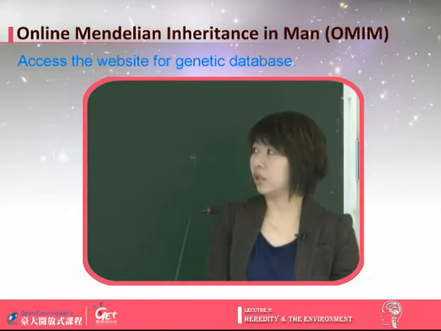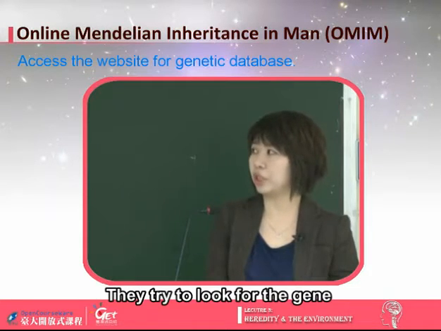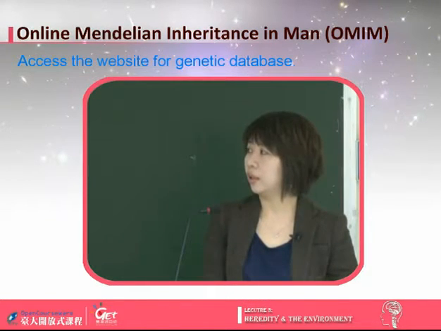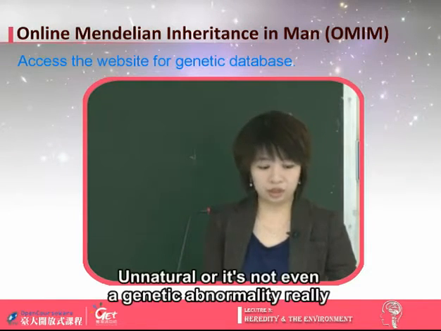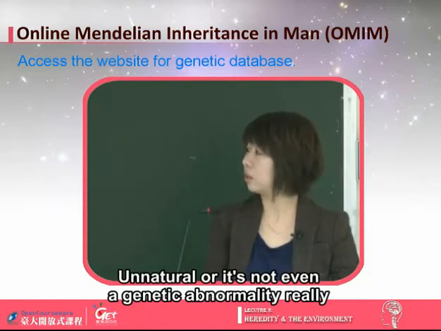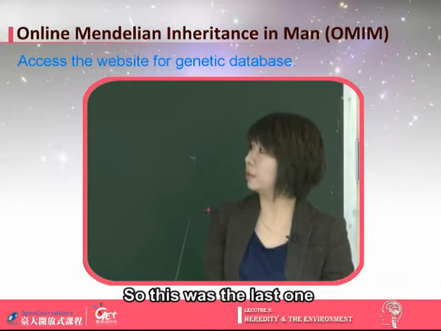Okay? So it's 1991 up to now, and these are all different populations as well. They're trying to look for the gene to dispel myths that it's unnatural or it's not even a genetic abnormality, really. So this was the last one.